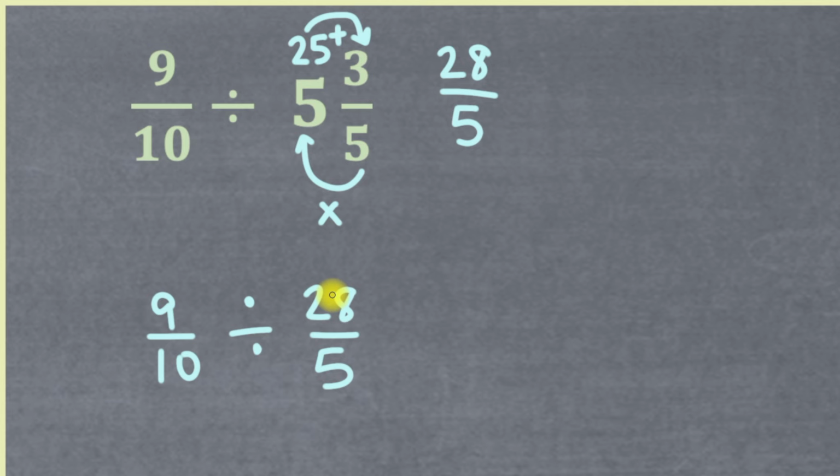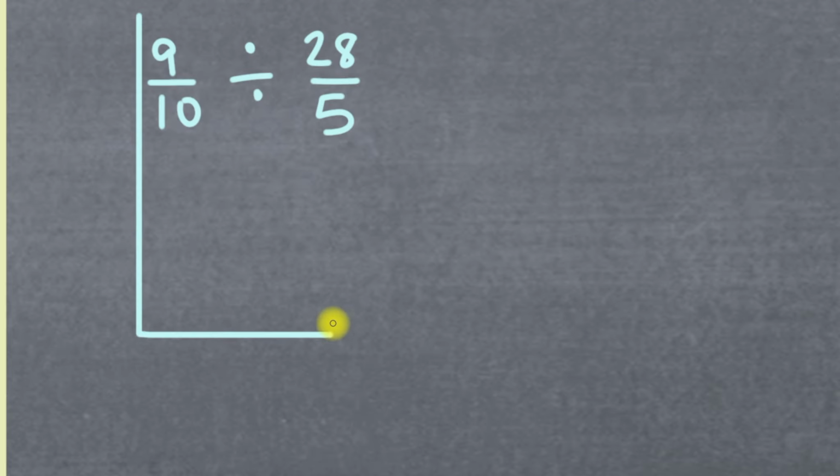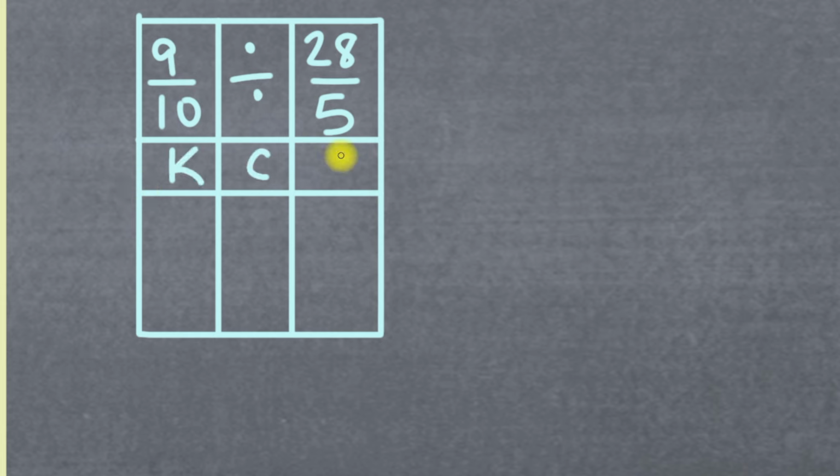So let's scroll down and give ourselves a little bit more space to do that. 9 over 10 is in our K column, so we'll keep it exactly the same. Our division is going to change to multiplication. And finally, the F stands for flip. So 28 over 5 is going to flip and become 5 over 28.